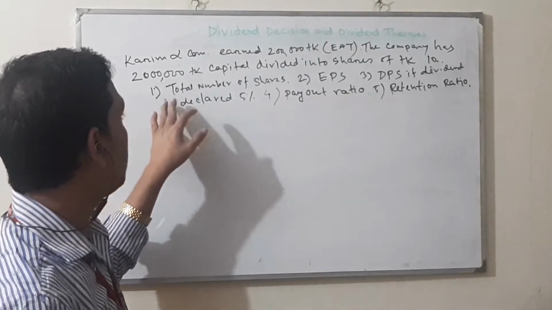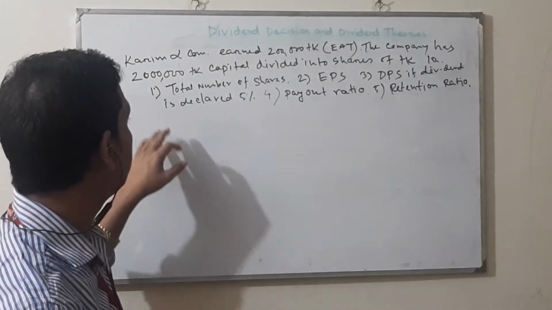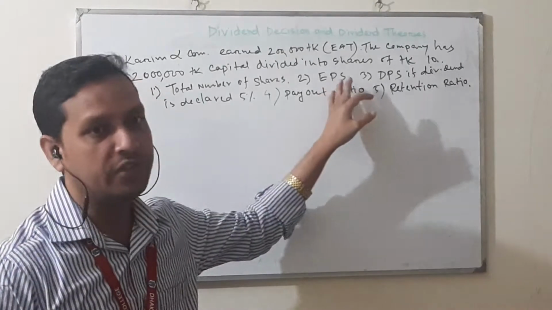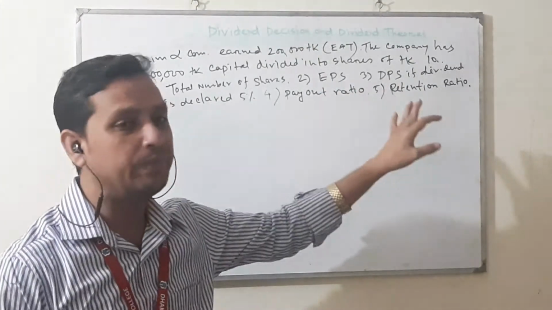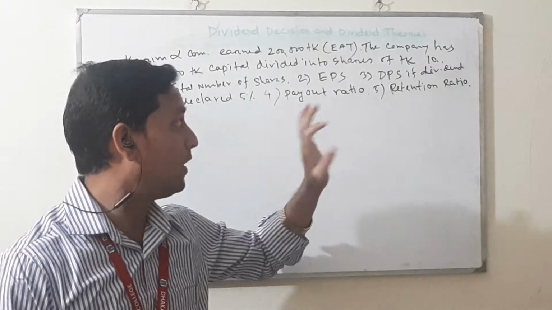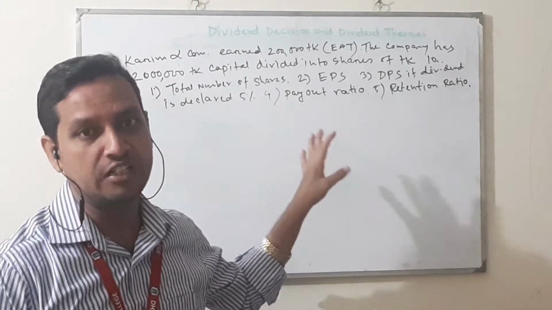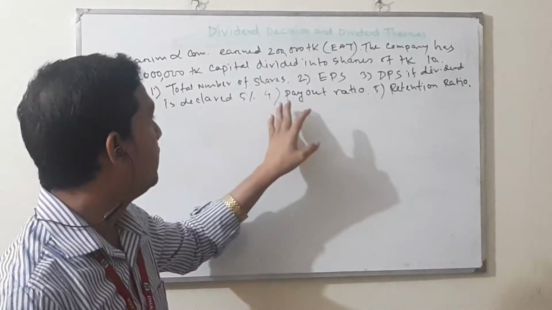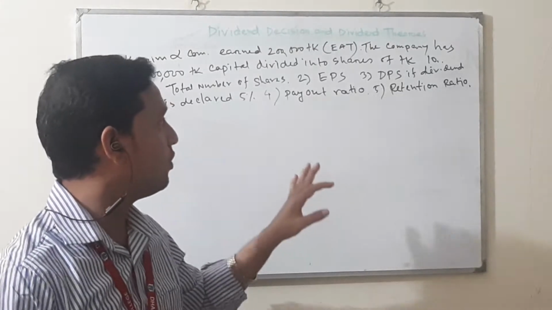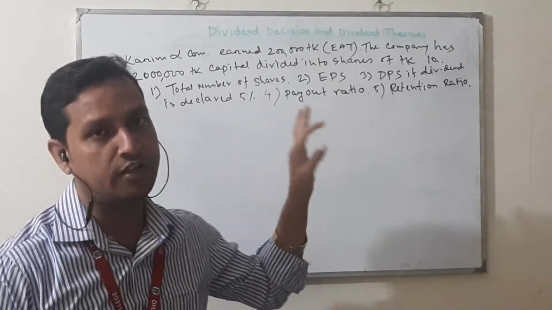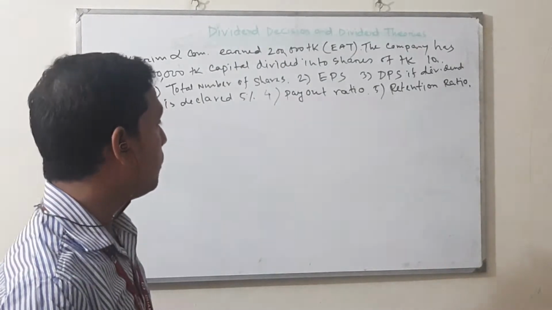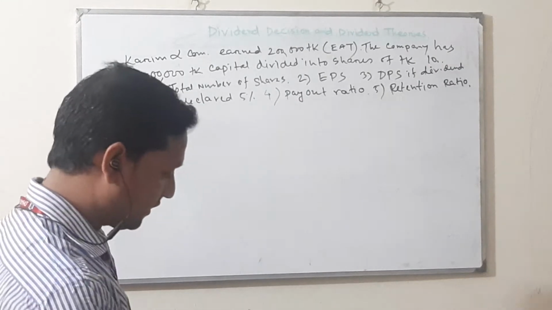So we should find out the rest of this. One is the total number of outstanding shares. Then two is EPS, I mean earning per share. Three, DPS, I mean dividend per share, when dividend is declared at 5%. Then four, payout ratio, then retention ratio. Okay, all of these will be discussed later.